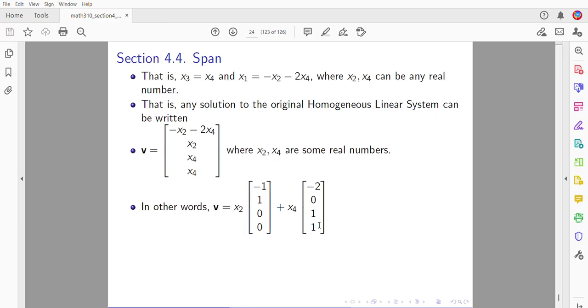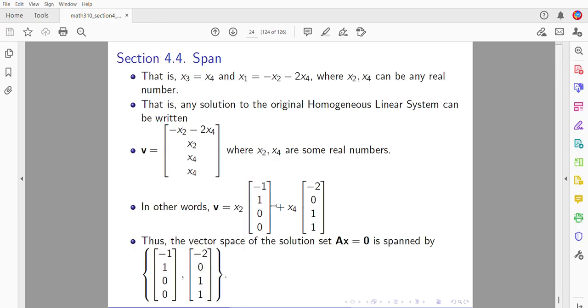So this vector and this vector put together in a set, they span every solution. So the vector space of the solution set is spanned by these two vectors. Okay, it's an amazing setup.